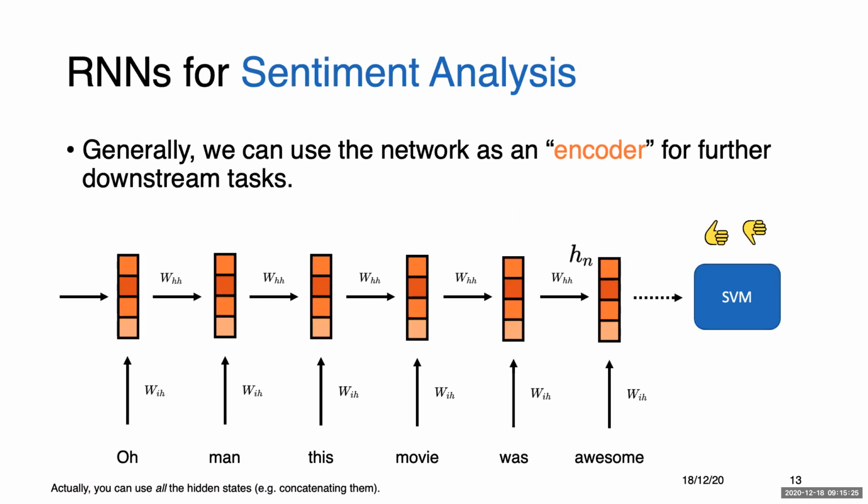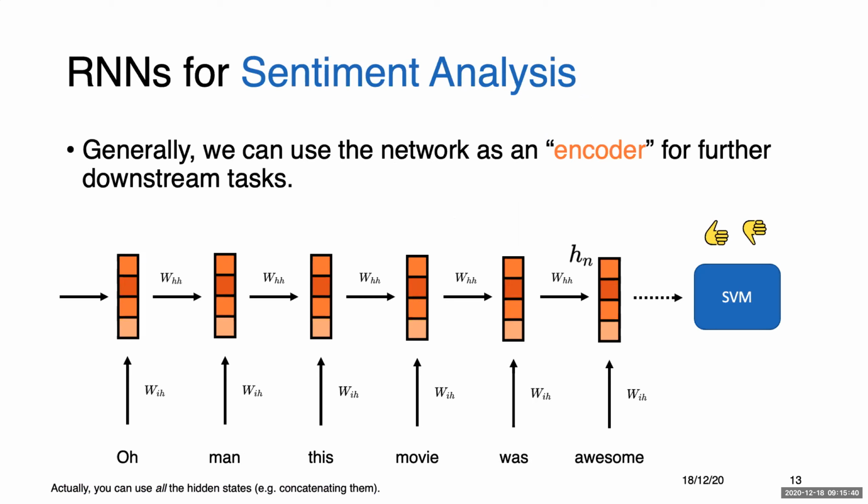Much more generally, we can use the network as an encoder for further downstream tasks. So here I presented the task of sentiment analysis. You can take a sentence, for example, this is a movie review: "Oh man, this movie was awesome."